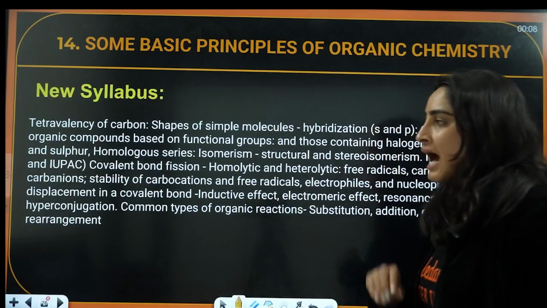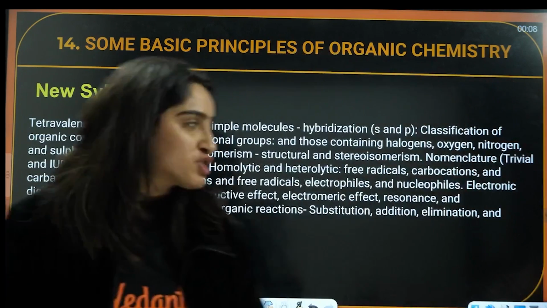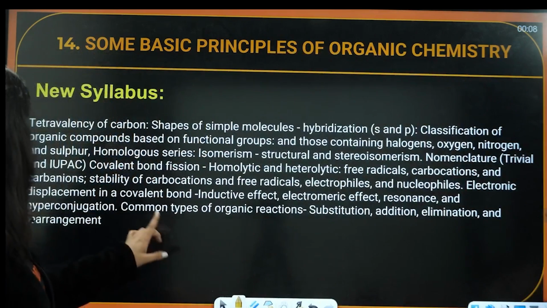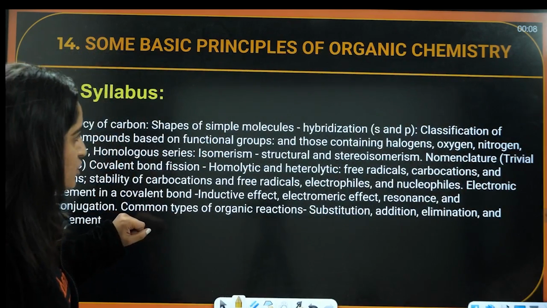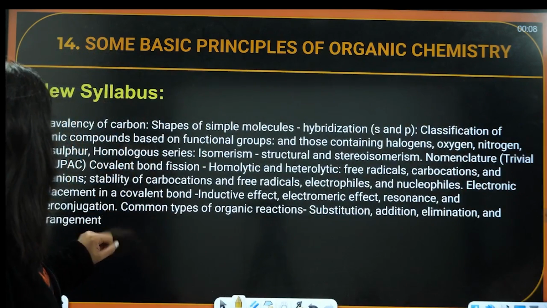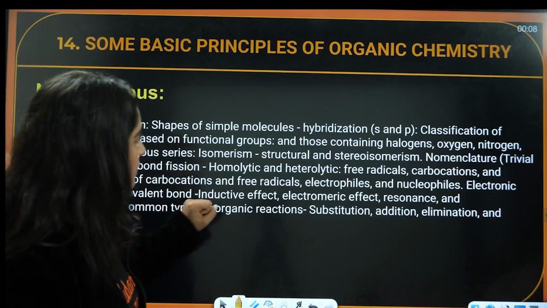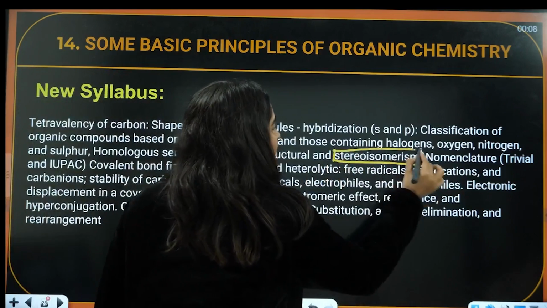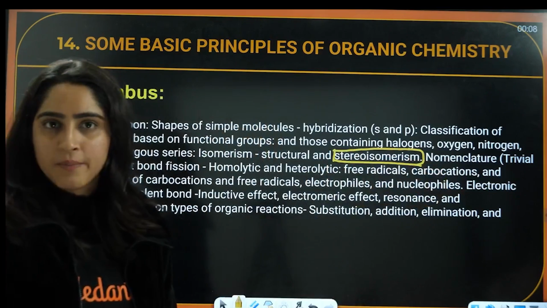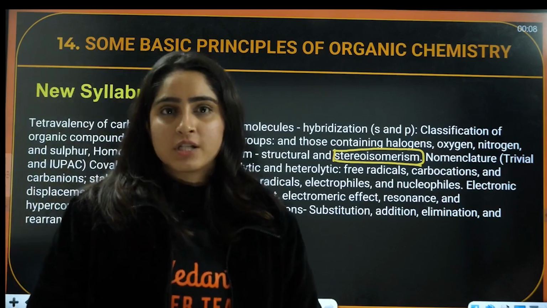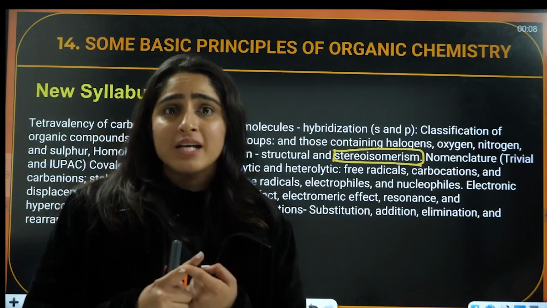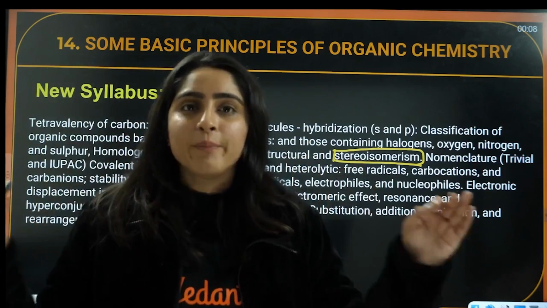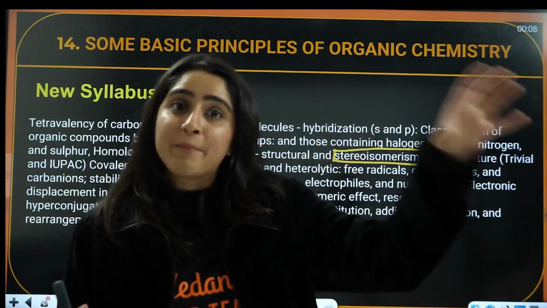Now, I'll tell you one thing. They have mentioned here optical isomerism. Wait, let me see where they have mentioned isomerism. Just give me a minute. Yes, this is stereoisomerism. As you can see, they have mentioned stereoisomerism here. If you say DL configuration, RS configuration, they have not mentioned DL configuration separately.